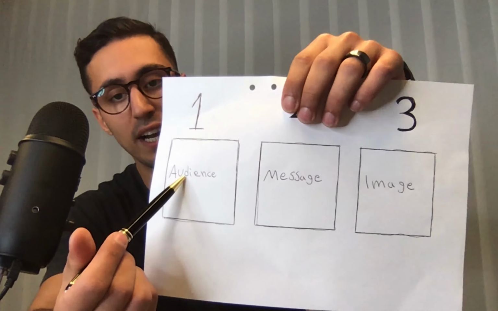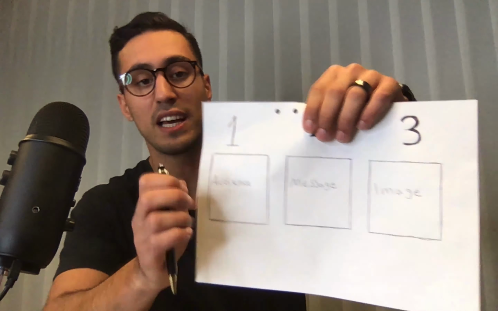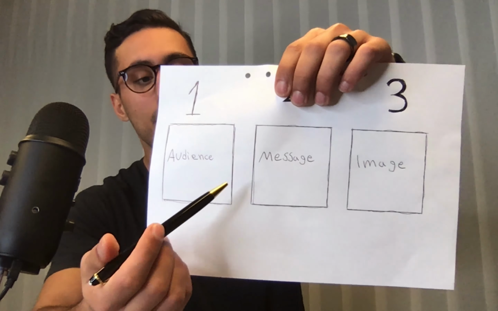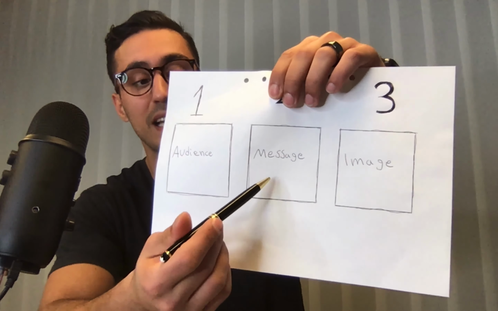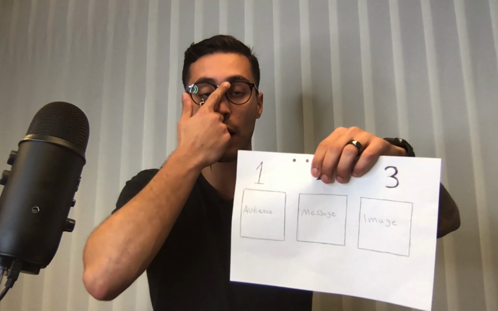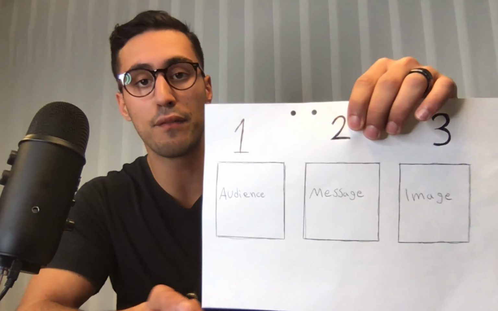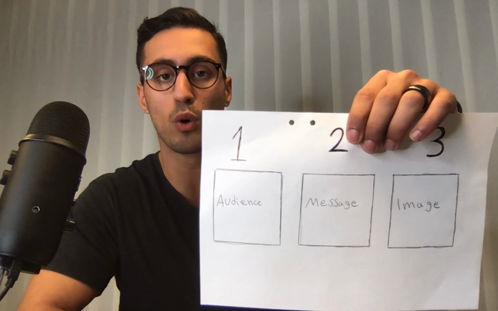If your audience, image, and message aren't perfectly aligned, if you're not targeting the right audience and not having the right messaging to that audience... Let's say my audience is people who train in fitness, they like going to the gym, and they have shoulder pain. If I have a product to solve shoulder pain and I target people that have knee pain, are they going to buy my shoulder pain product?